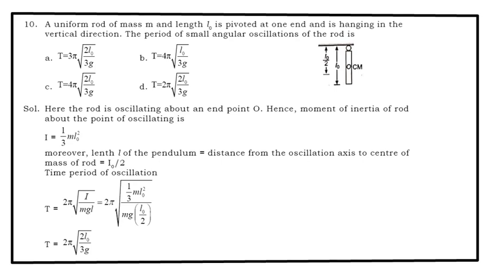So now if I write T is equal to 2 pi square root of I upon mg into L, you write I is equal to 1 by 3 M L0 square, and the height of rotation would be L0 by 2. When I substitute all these values, I get T is equal to 2 pi square root of 2 L0 upon 3g. For this, you need to apply formula of compound pendulum.